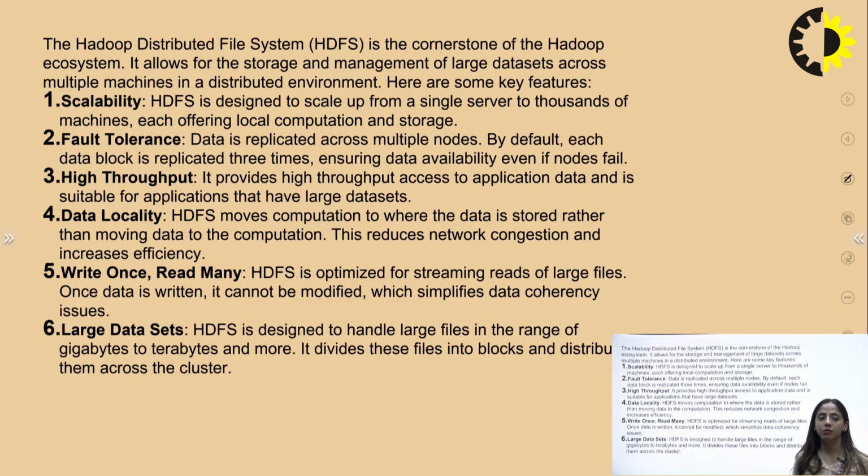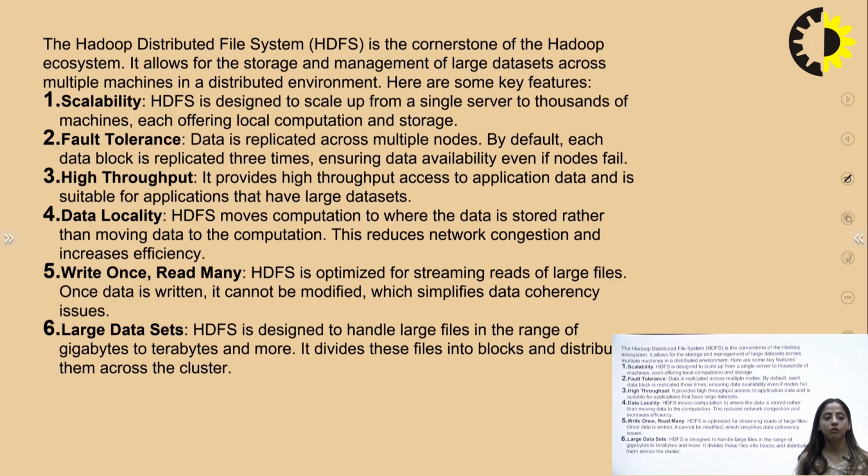High throughput: it provides high throughput access to application data and is suitable for applications that have large data sets. Data locality: HDFS moves computation to where the data is stored rather than moving data to the computation. This reduces network congestion and increases efficiency.